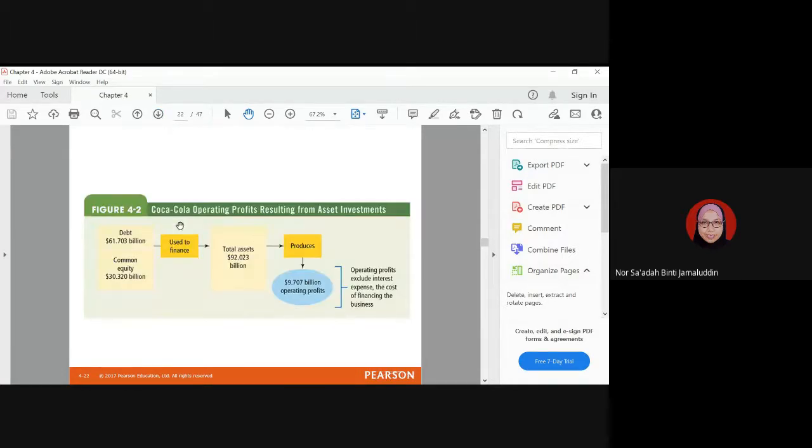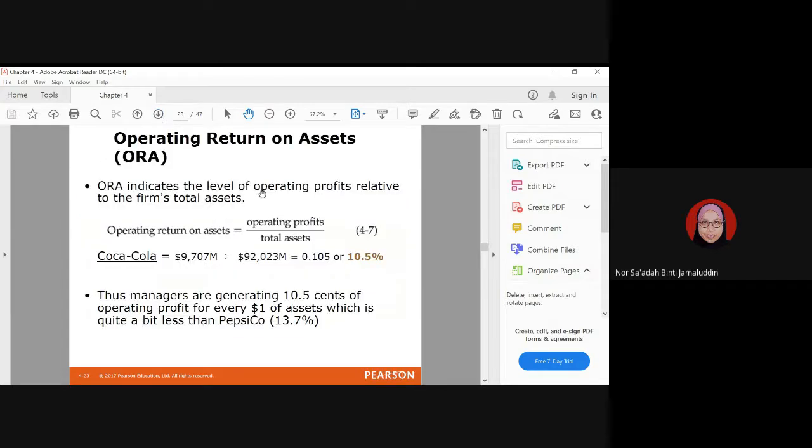Okay, this is the operating profit result. This is just on the flows. Use debt, okay, followed by common equity and so on. Okay, this is the formula. Operating return on asset indicates the level of operating profit relative to the firm's total asset.